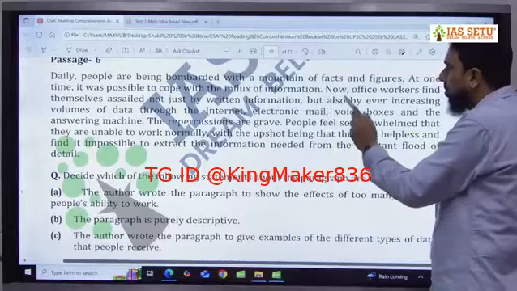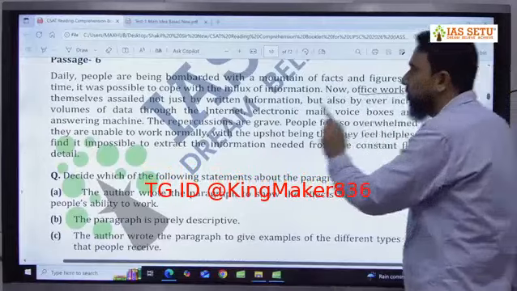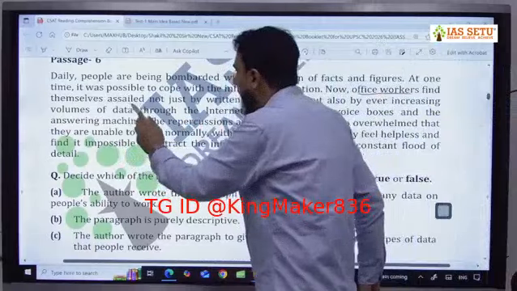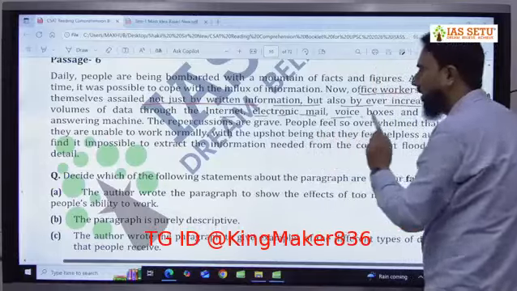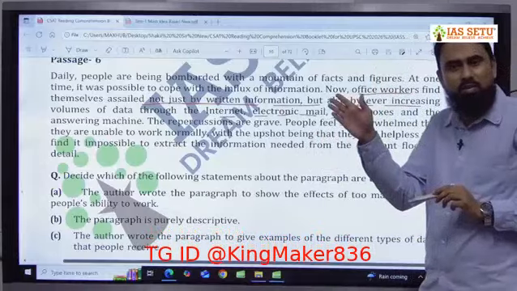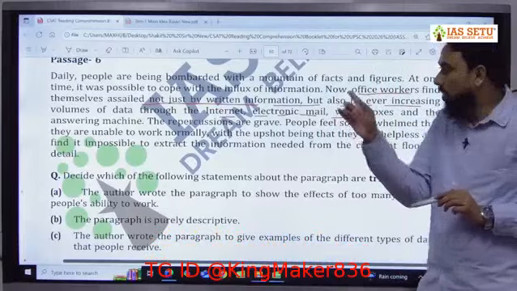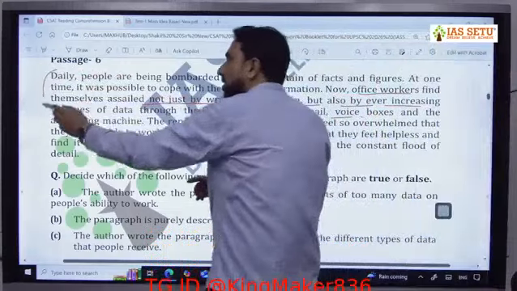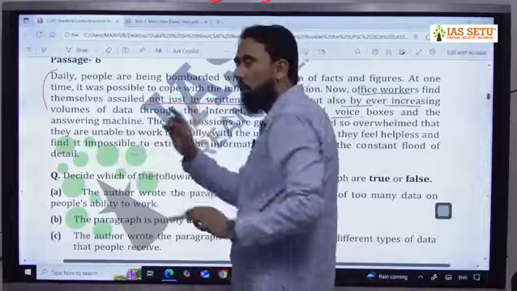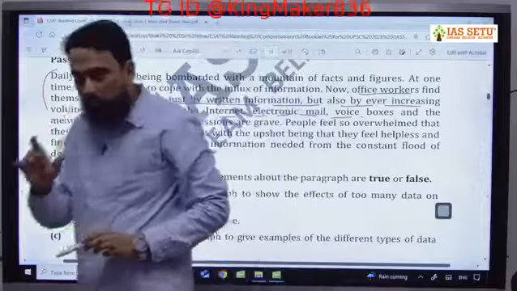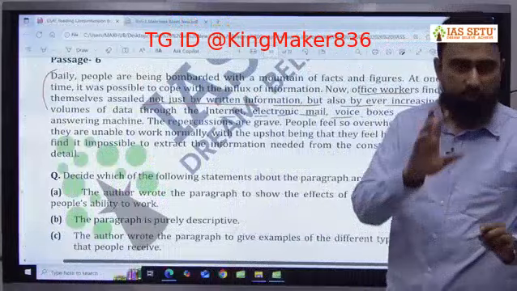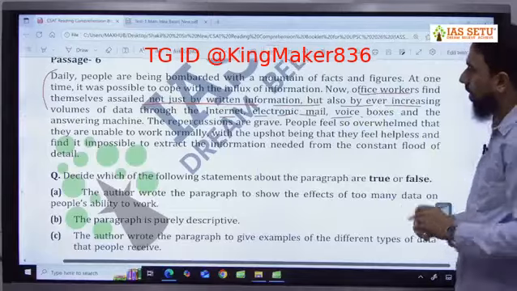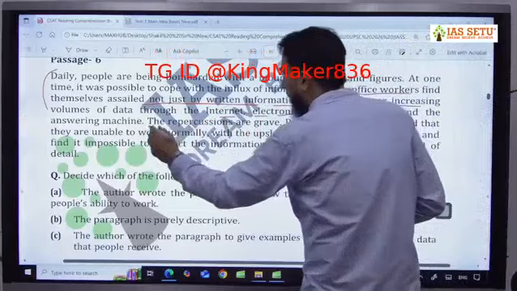And then he goes into the detail, what happens to the office workers, how much data they are bombarded with, various types, mail, internet, all this description is going on. This is one aspect. So from here, nobody should say, sir, here is the description, so the passage is descriptive. No. In the passage, you may come across different shades, but we are supposed to find out the principal one, the principal nature.